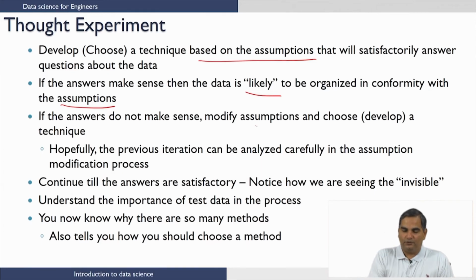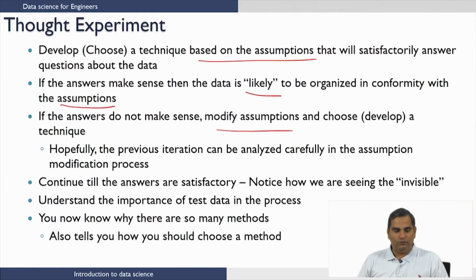So, what you should do is you should modify the assumptions and choose or develop, if you are a data scientist, a technique to solve this problem if these assumptions were true. Now, hopefully the previous iteration where you actually use some assumptions and saw that the assumptions were violated and that it was not likely that those assumptions are the ones that are valid for this problem.